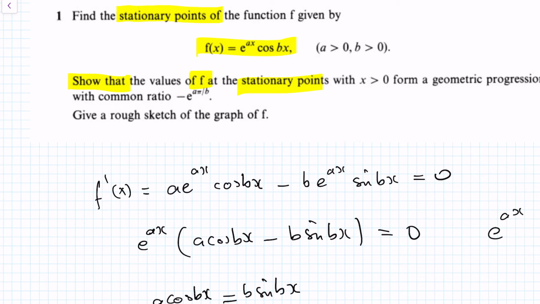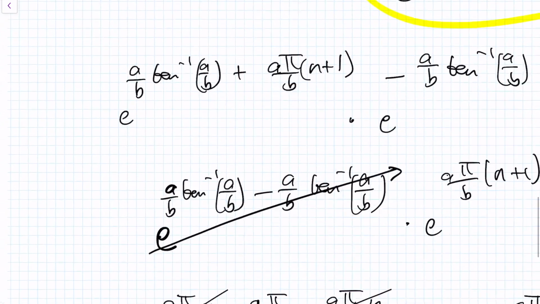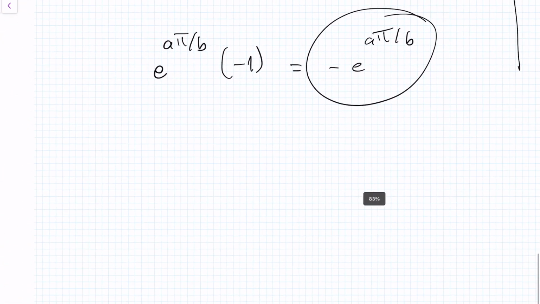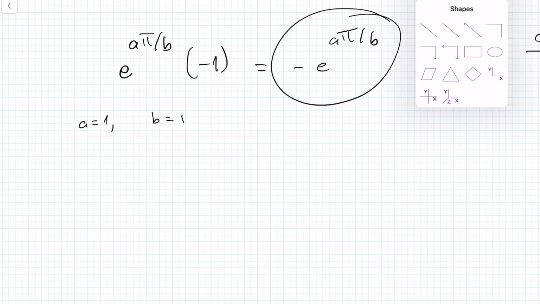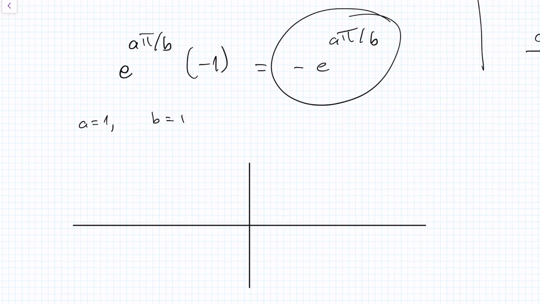Okay, now given a rough sketch of that function, since a is positive and b is positive, we will have something like resonance, if you're familiar with the resonance graph. To understand, let's make a is 1 and b is 1. So this is x, this is f of x.